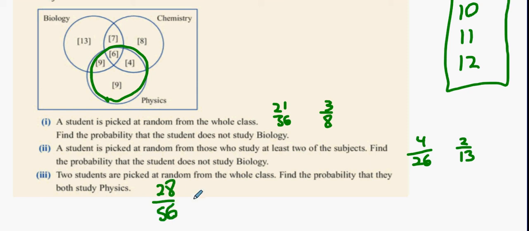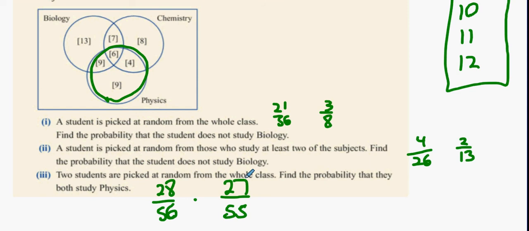Okay, we take that student out. How many students are left? And how many physics students are left? Exactly. So on the first go, it's 28 out of 56, but on the second go, it's 27 out of 55. Multiply all that out and tell me what you get.